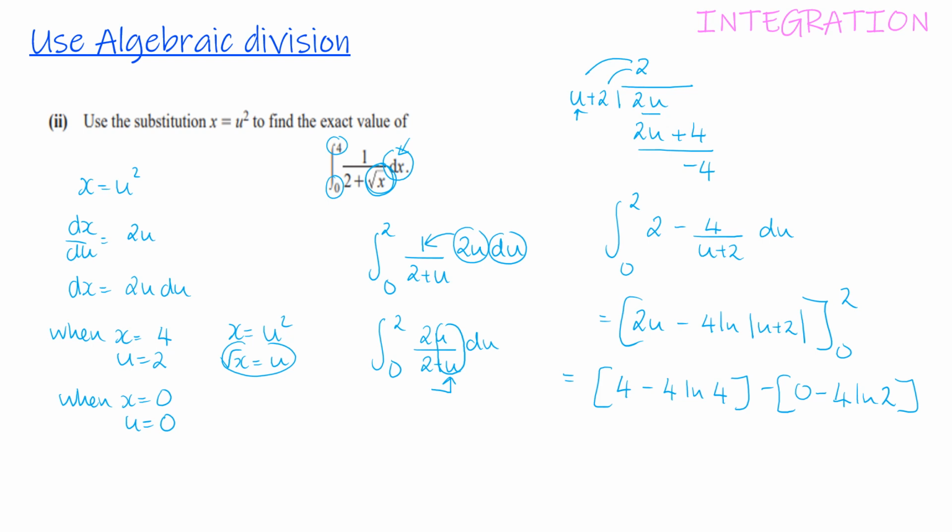So it's 4 minus 8 ln 2, minus 0 minus 4 ln 2. So we've got 4, minus 8 ln 2, and then this minus will make a plus. So minus 8 ln 2 plus 4 ln 2 is going to be minus 4 ln 2.